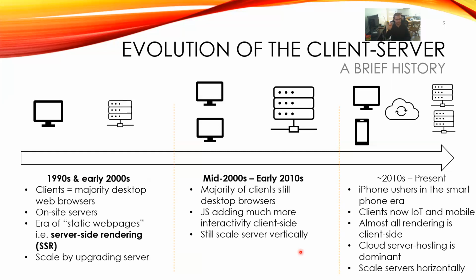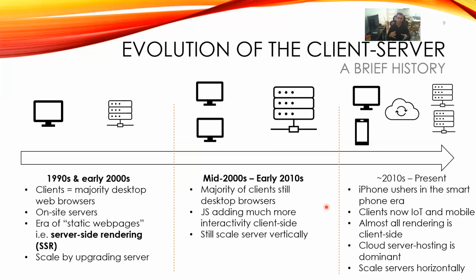But the biggest thing that happened for web by far is the iPhone and smartphones in general, because for the first time in computer science history, your web clients were no longer your classical computer.